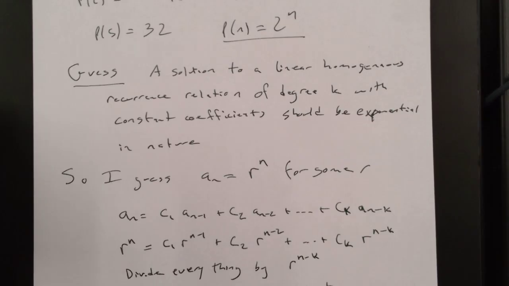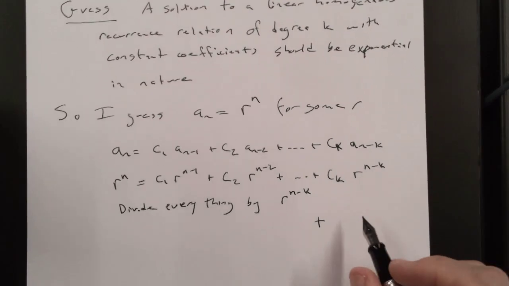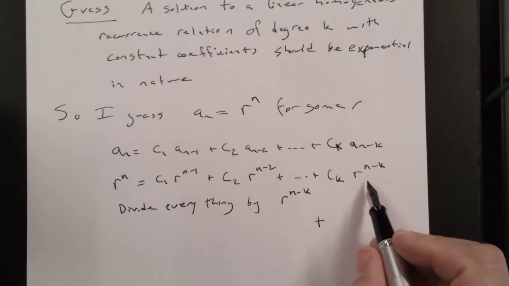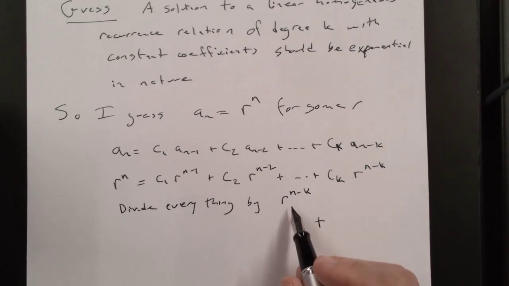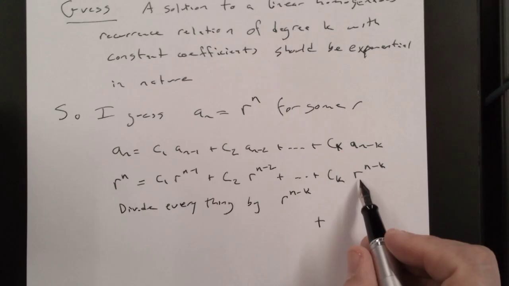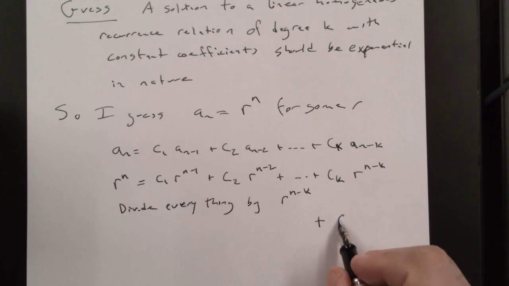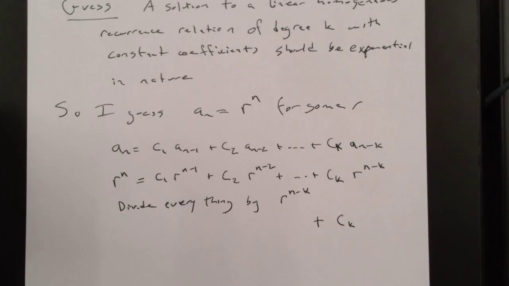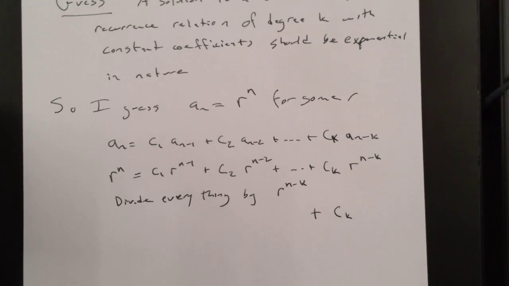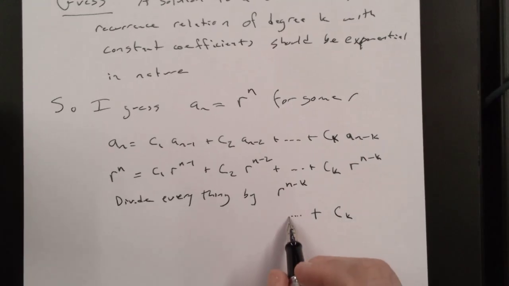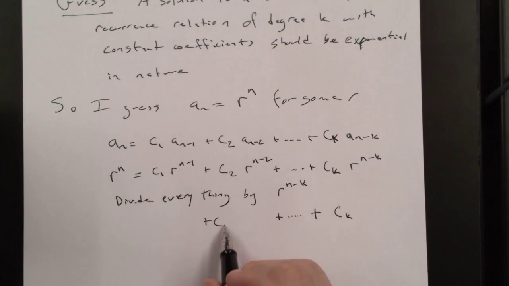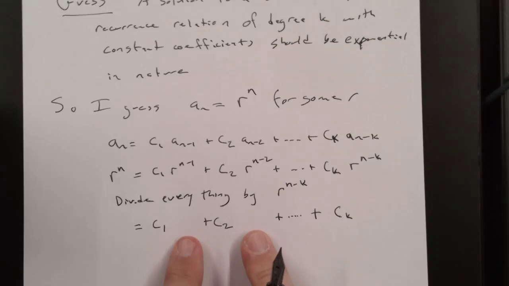All right, I'm going to work from the right side now. This has an r to the n minus k in it. If I divide by r to the n minus k, this cancels out completely, doesn't it? And that's just going to leave me a c_k here on the end. Dot, dot, dot, c_2, c_1. I've got to figure out what the right power is in these spots.